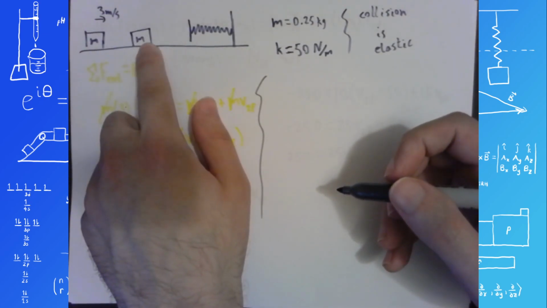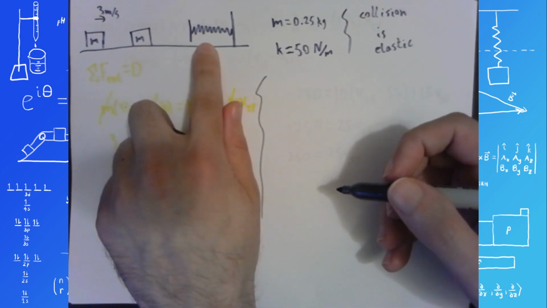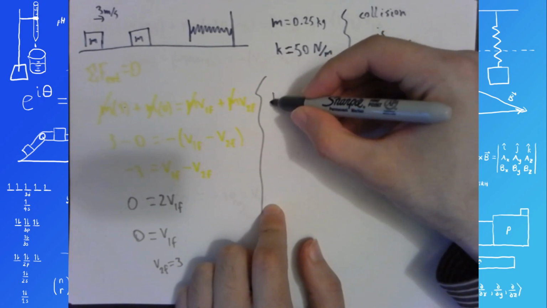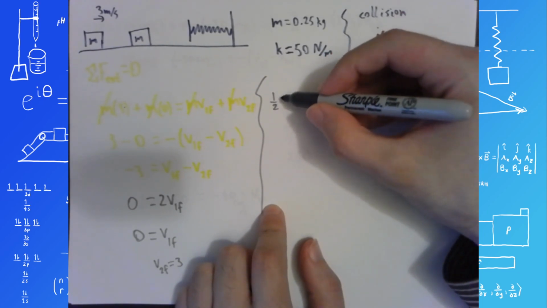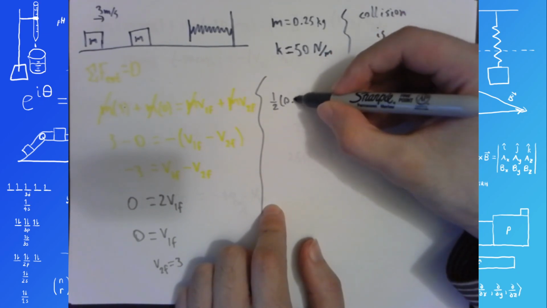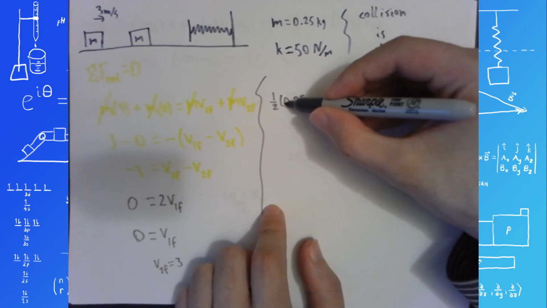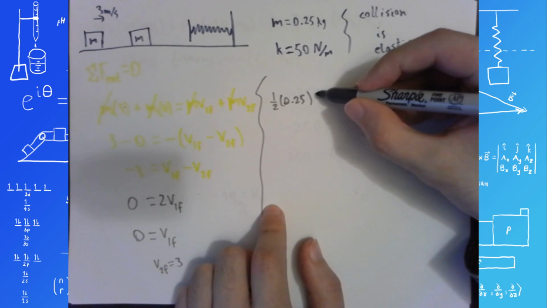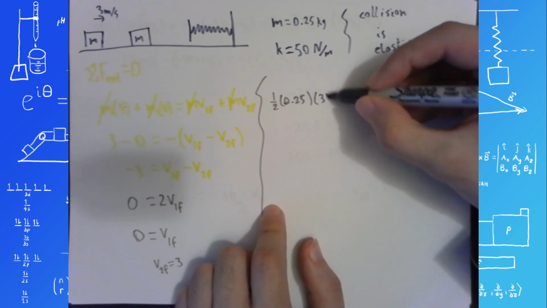this block moving at 3 meters per second, compressing the spring. It will have a kinetic energy of 1/2 of its mass, which was 0.25 kilograms, times its velocity squared, so times 3 squared.